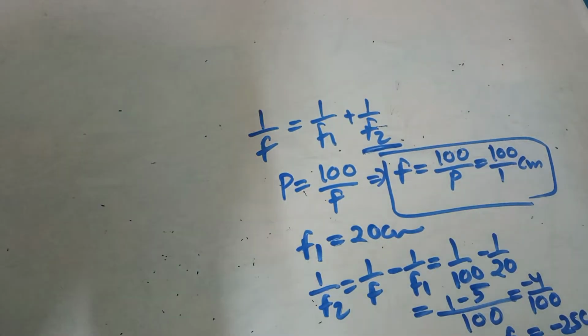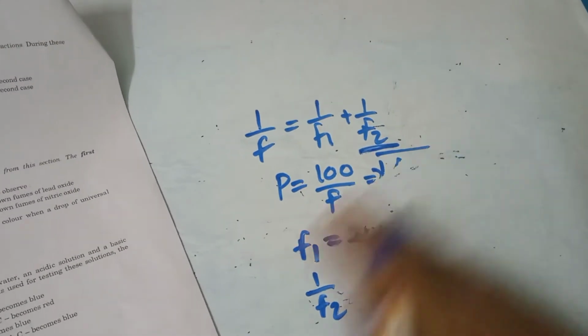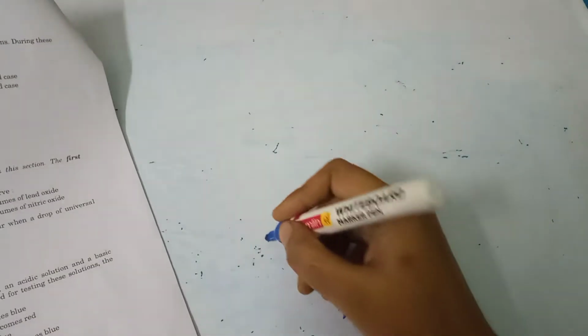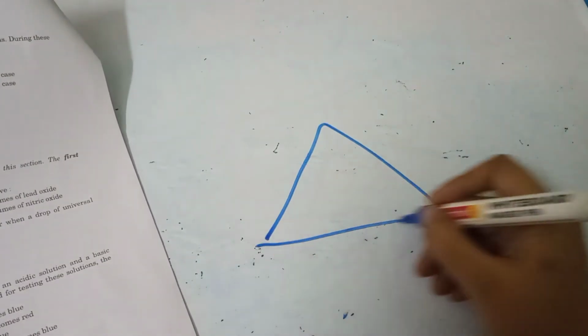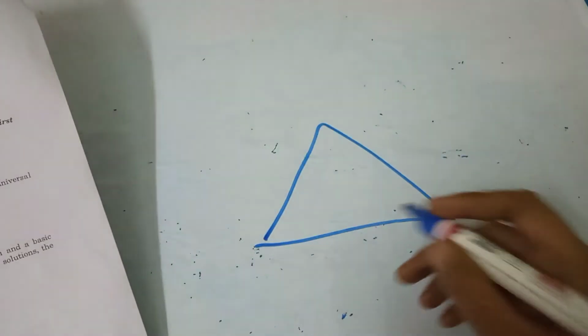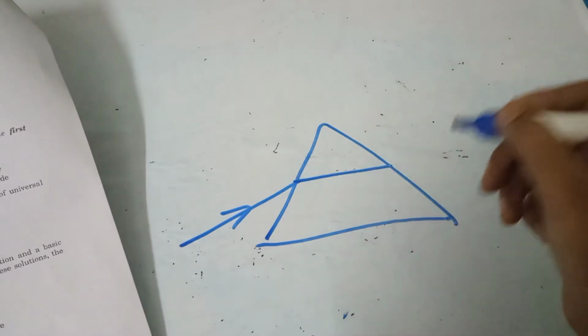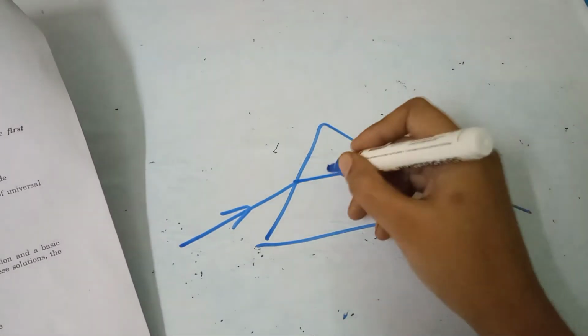In the 23rd question, when a ray of light passes through the glass prism, it suffers two refractions. During this refraction, the ray bends. So this is the prism, because they are asking about the glass prism. When the light ray is incident, it is refracted, then refracted again.